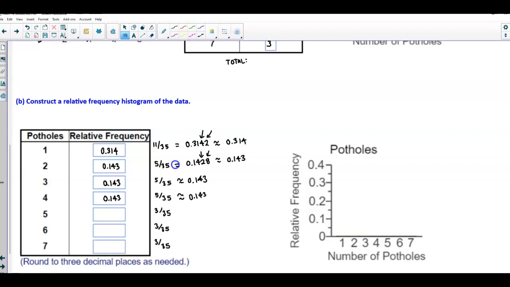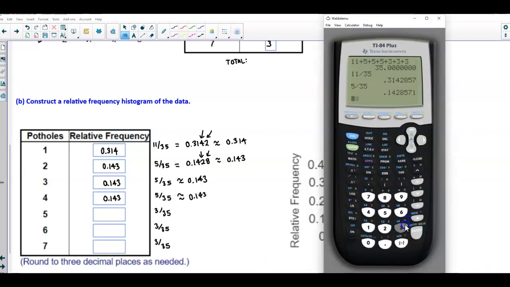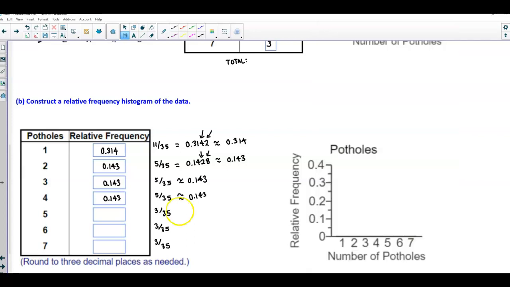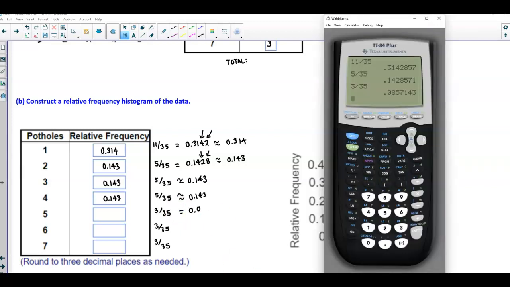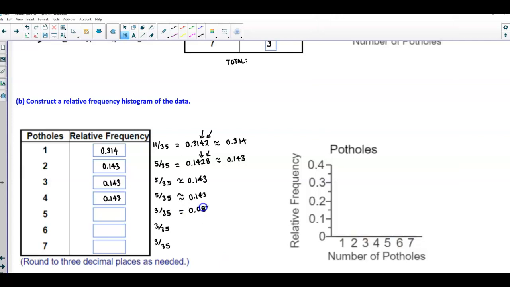Now we're going to take a look at 3 divided by 35, which gives us 0.0857.